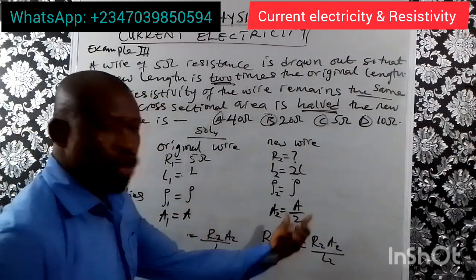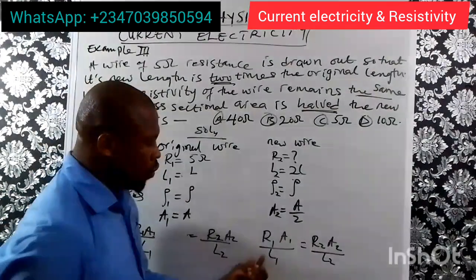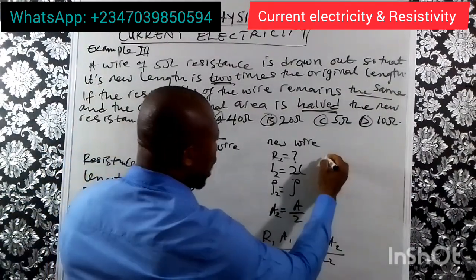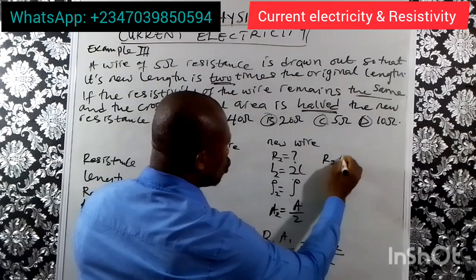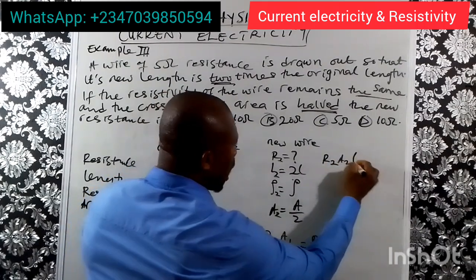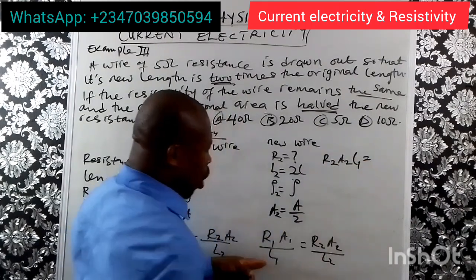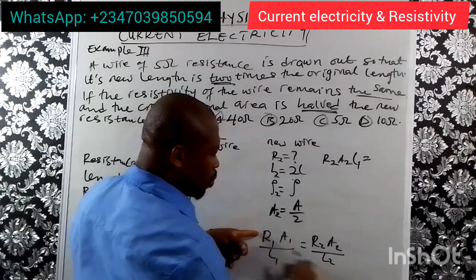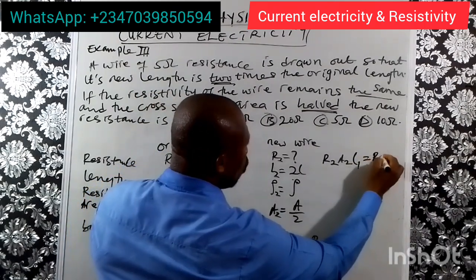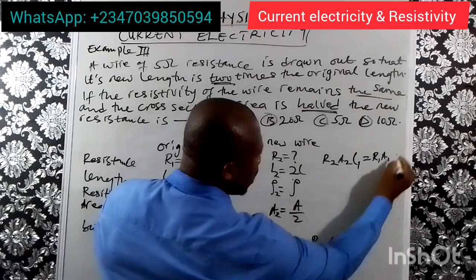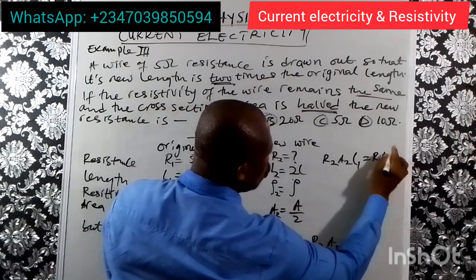At this point, you can cross multiply. If you cross multiply, we have R2 A2 L1 is equal to R1 A1 L2.